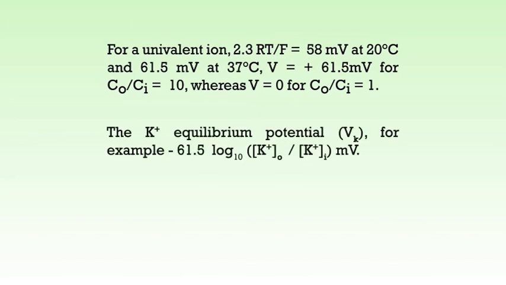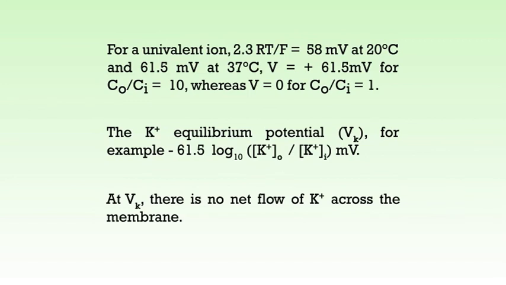The potassium ion equilibrium potential, which is denoted by Vk, for example, is 61.5 log base 10 of the outside concentration of potassium by the inside concentration of potassium ion, in millivolts. At Vk, there is no net flow of potassium ion across the membrane.